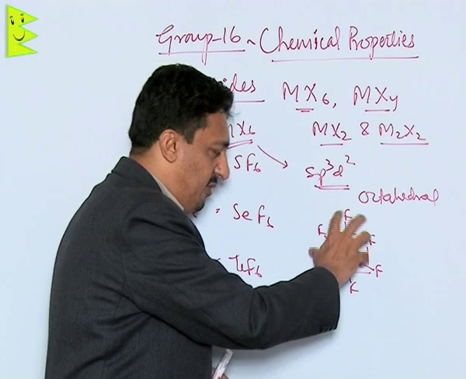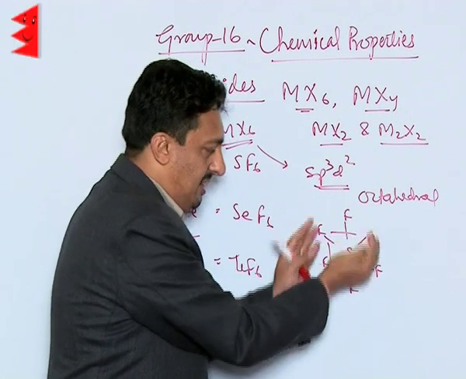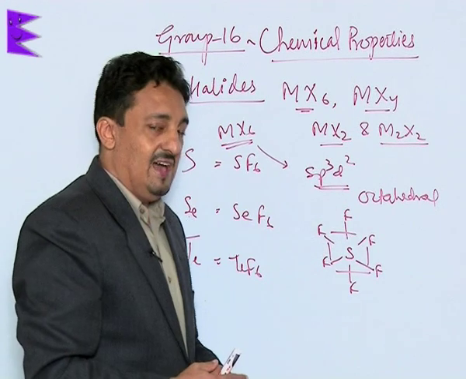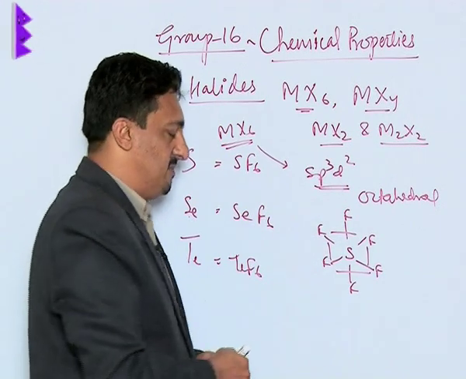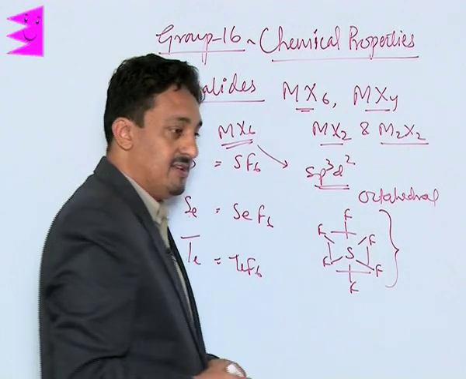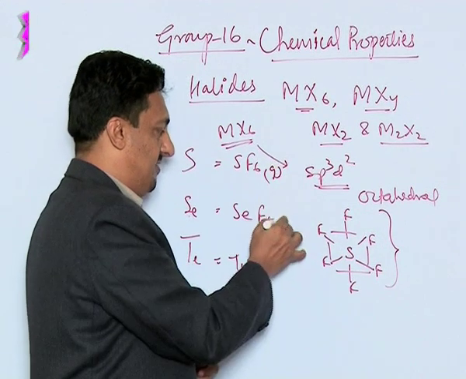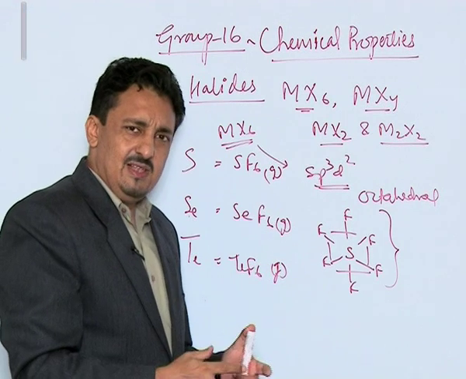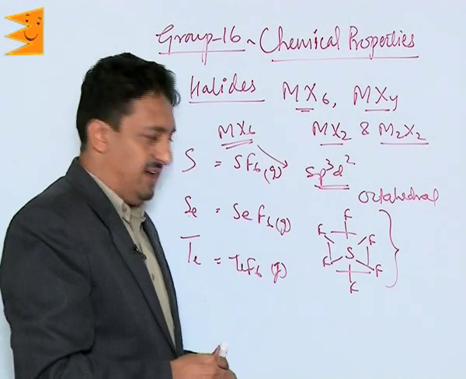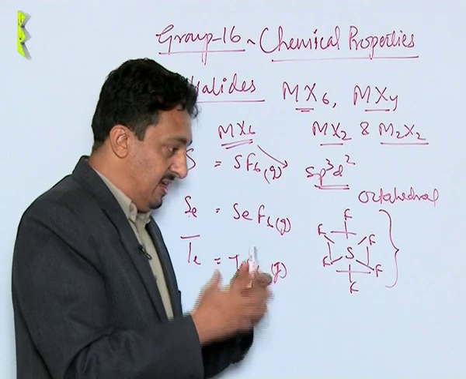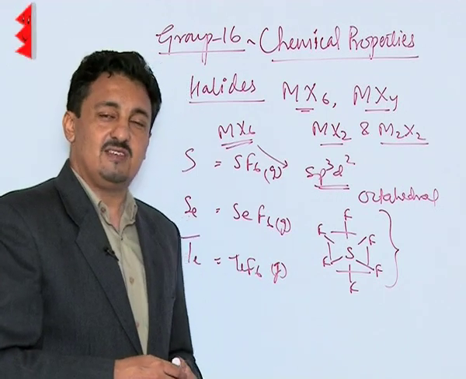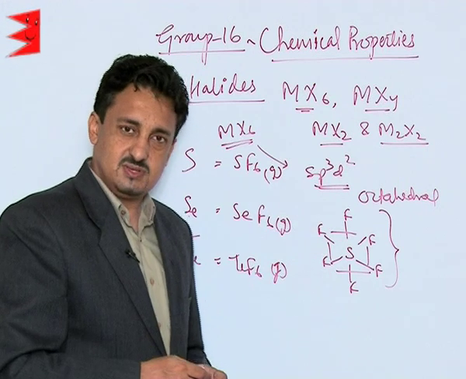Now these 6 fluorines form such a stable electronic cloud around the central sulfur that it makes SF6 very, very stable. As a result, this becomes a very stable inert gas. Remember, all of these are gaseous in nature. Due to its inert, stable nature, this gaseous SF6 is used as a gas insulator in high voltage transformers.